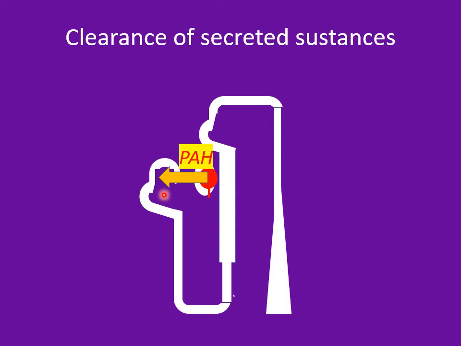Before reaching the veins, the remaining paraaminohippurate will be secreted into the lumen of the nephron. So the amount of paraaminohippurate that reaches urine will be higher than the amount that was filtered. And if we calculate paraaminohippurate clearance, its clearance will be higher than creatinine clearance.